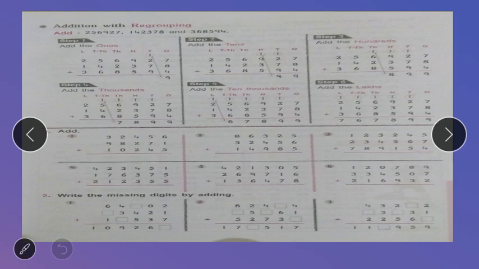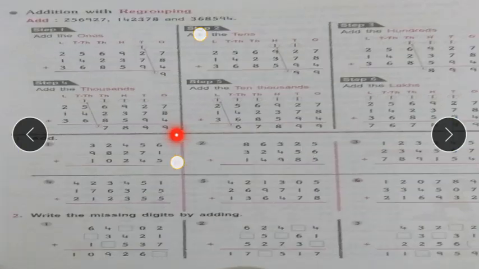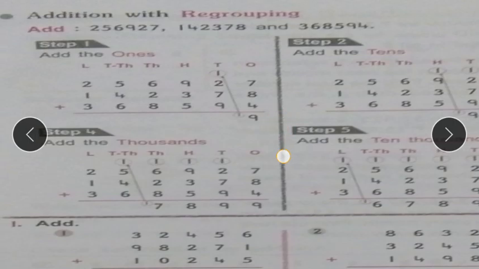Now, what is addition with regrouping? Regrouping means that you have to add the numbers. Look here, 7 plus 8, 15, 15 plus 4, 19, write 9 and carry 1.